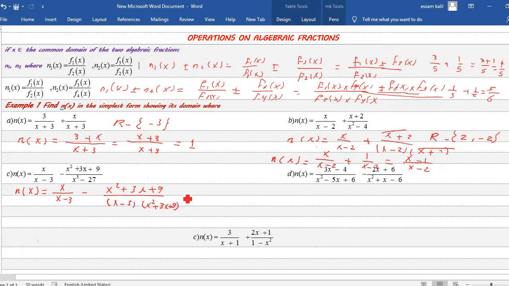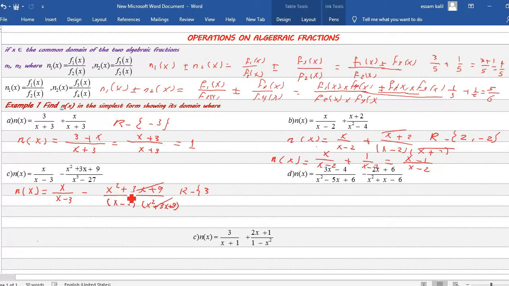What is the domain? The domain equals R difference the number that makes the denominator of the first equal 0, or take the opposite sign of negative 3, so it becomes 3, and this x minus 3 becomes 3. x power 2 plus 3x plus 9 does not exist. The zeros of these expressions cancel, make the simplest form.